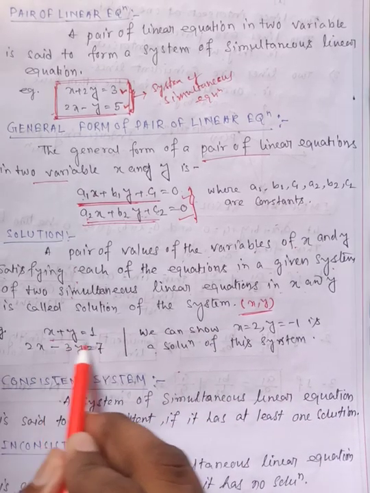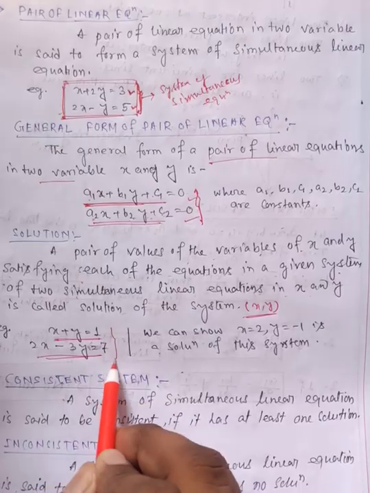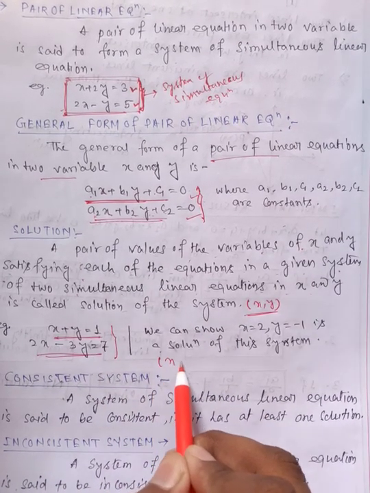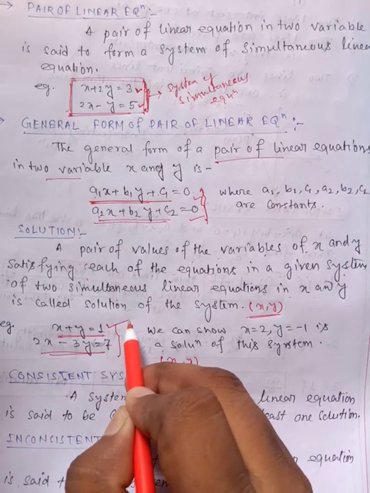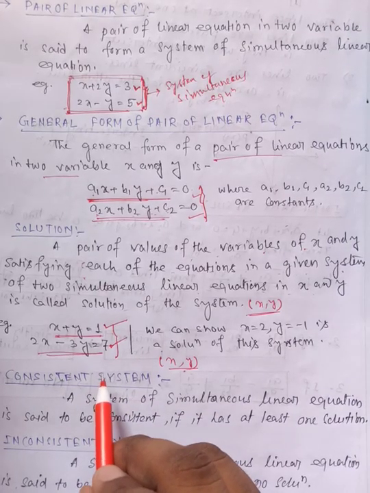That means for what values of x and y do this linear equation and this linear equation simultaneously hold, that is, get satisfied.